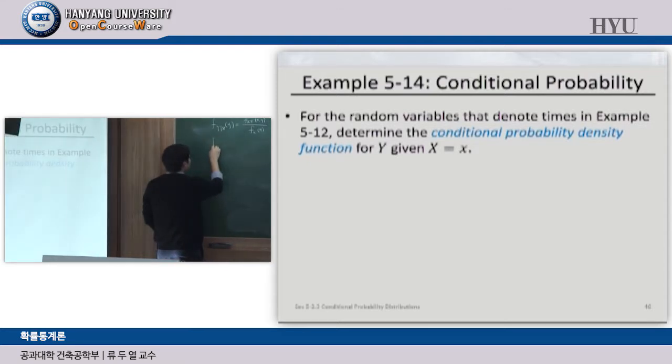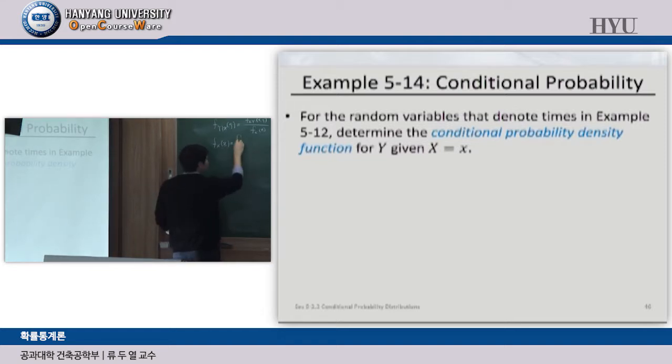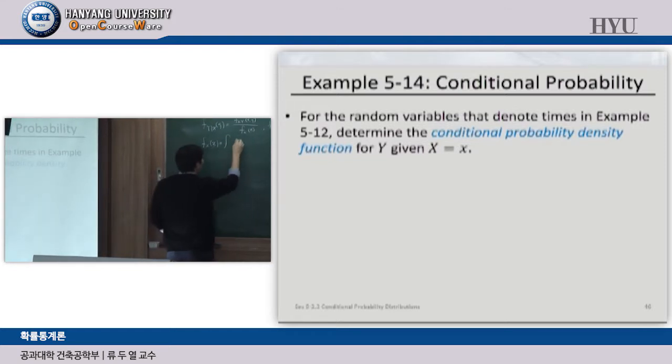And what is this? That is the integration of the joint probability density function over what?